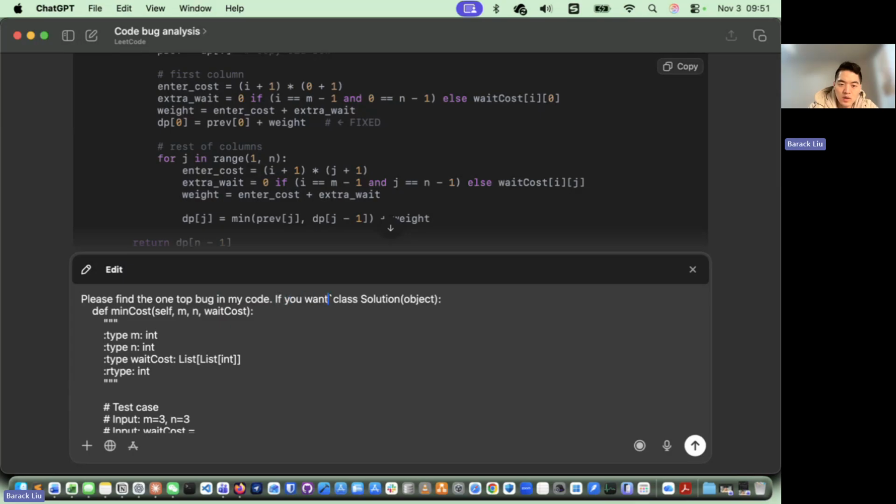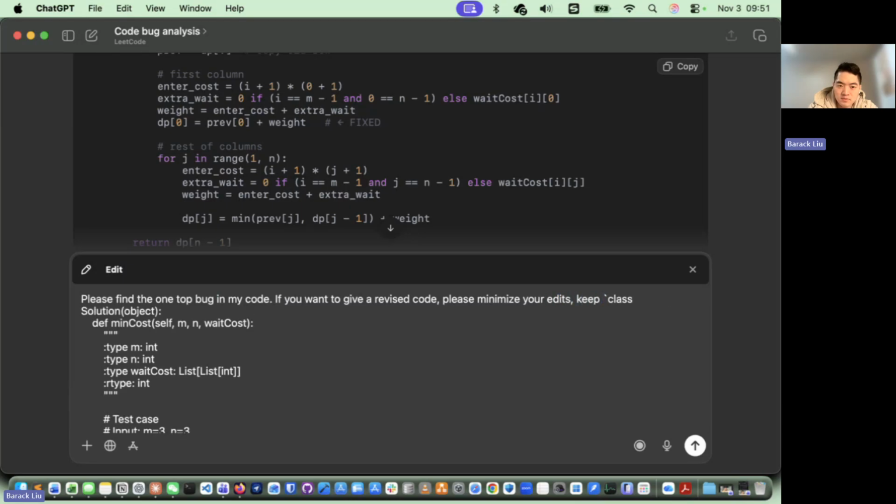If you want to give a revised code, please only minimize your edits. Keep everything else in my original code.